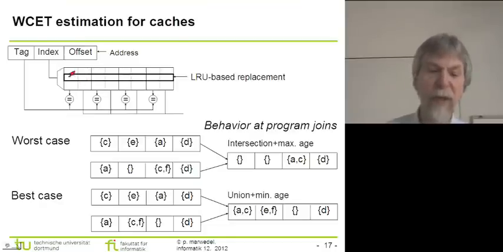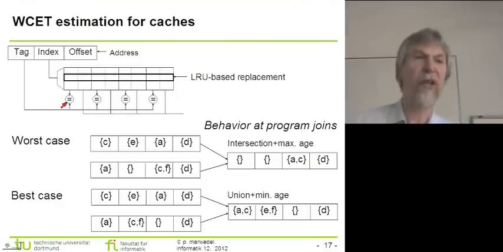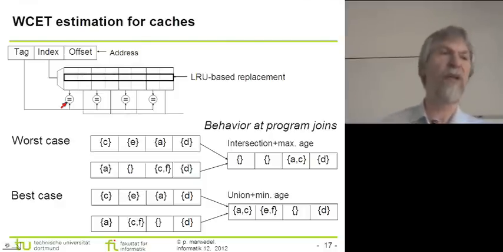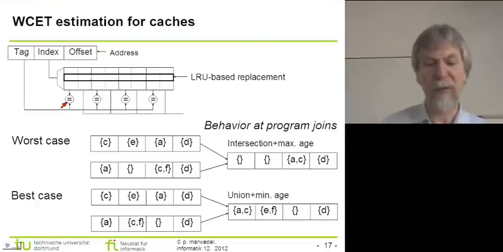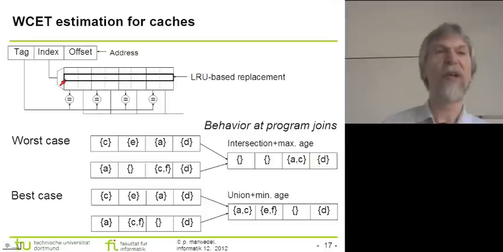Then at runtime, we address the cache, read out one row, and compare in parallel among all the different so-called ways whether we have a hit in the cache. When we have no hit, we have to replace one of the entries.